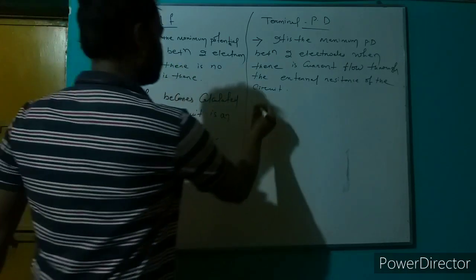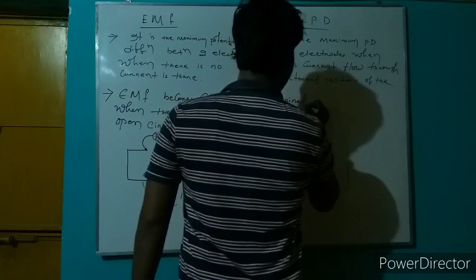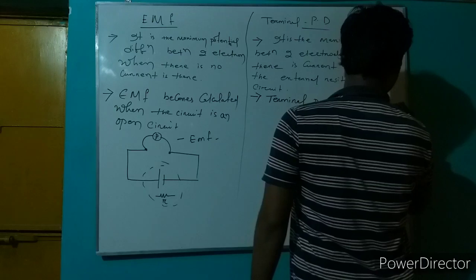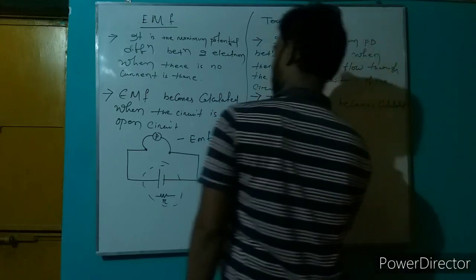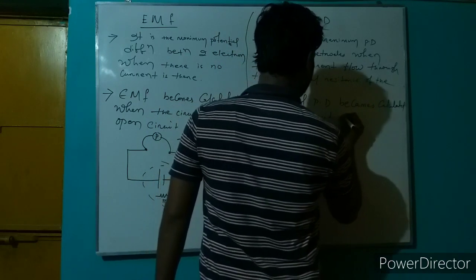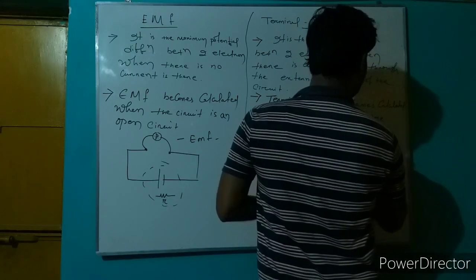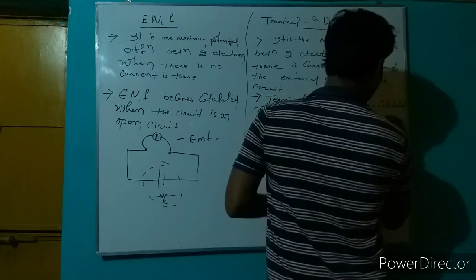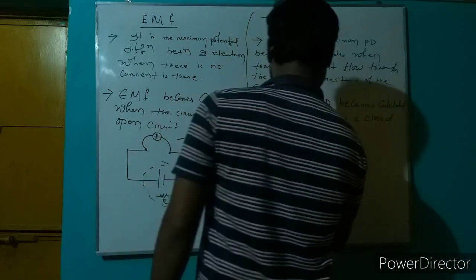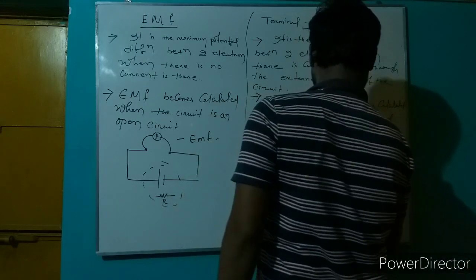Okay. Similarly, terminal potential difference becomes calculated when the circuit is a closed circuit. Closed circuit means what? So this is the cell. It has plus and minus.